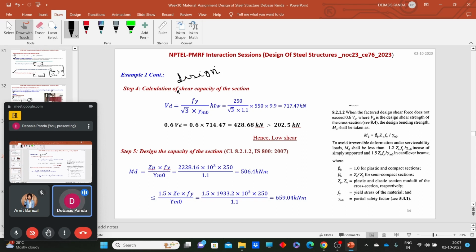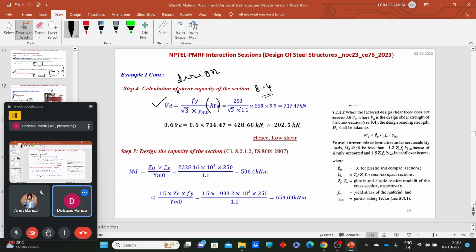So how can we calculate the design shear capacity of the beam? Clause 8.4 gives you the details about the design shear capacity. Now what is the design shear capacity? VD is nothing but Fy by root 3 gamma m naught into AV, that is the shear area. Now AV for a rolled section, we had seen, is nothing but H into TW.